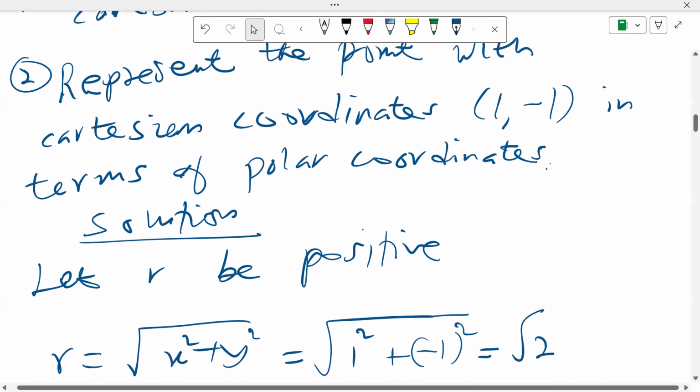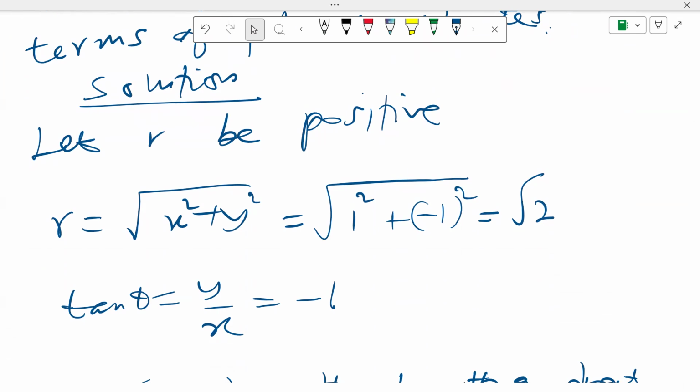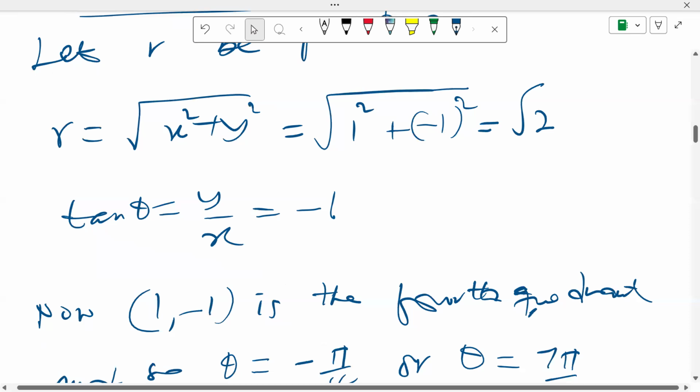So we say that our x squared plus our y squared, so we shall get 1 squared plus -1 all squared. So we get root 2 for R. We all know that our tan theta is y on x. And so our y on x, -1 over 1, will give us our tan theta being -1.